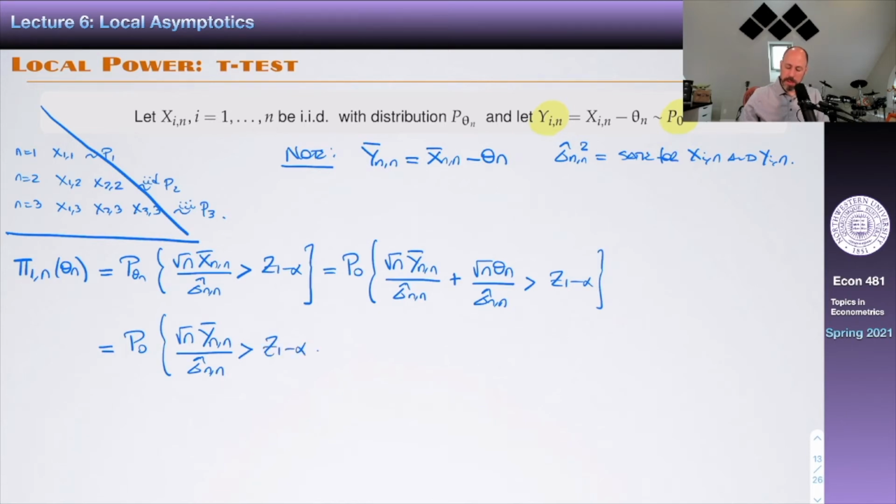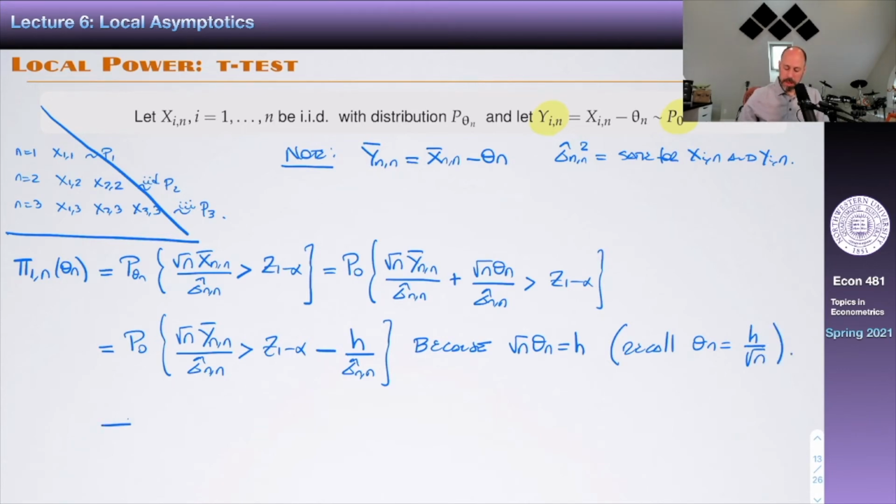And notice here, I'm going to write h divided by sigma hat n, because square root n times theta n is equal to h. Recall from the previous slide that we defined theta n as h divided by square root n. So now this converges to 1 minus the CDF of a normal at z_{1-alpha} minus h divided by sigma naught.